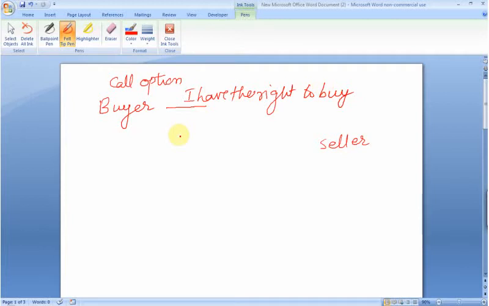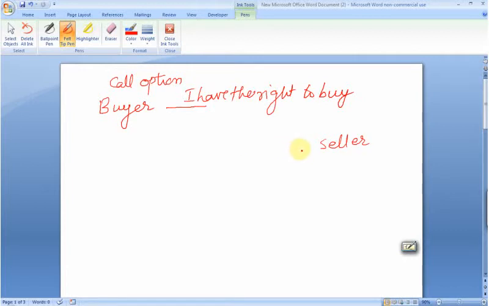If my stock price goes up past my strike price, this is where the trade would be profitable for me. So I have a right to buy if my stock price crosses the strike price.